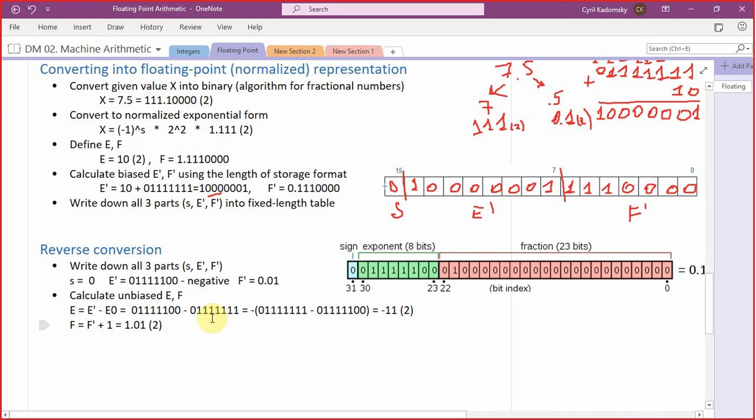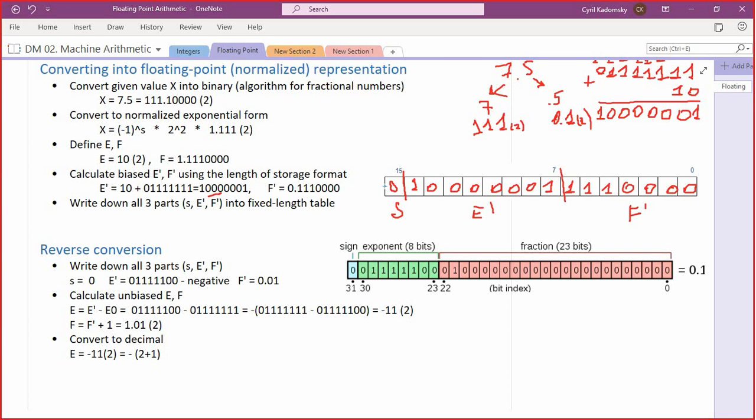Okay, the next step: to get our value, we must have both exponent and fraction in decimal. So convert to decimal. What we do is take minus E, which is minus 11 in binary, and in decimal it is minus, what, 2 plus 1, right?